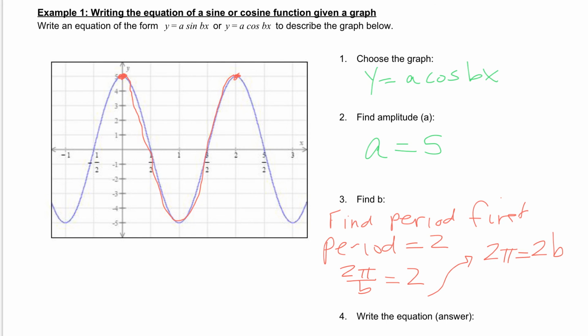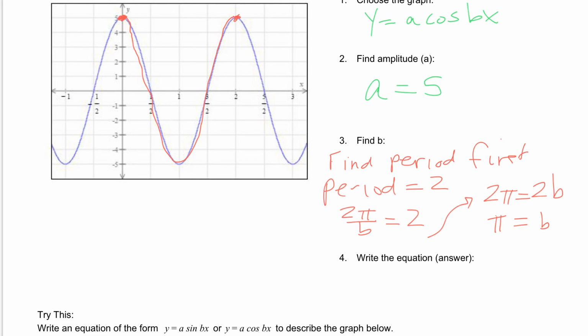And then we would divide both sides by 2, giving us b equal to pi. And then finally, once we have our a and we have our b, we can write our equation. So we have y equals, the amplitude goes in front, so 5, cosine was the function we were using, we found our b value to be pi, times x.